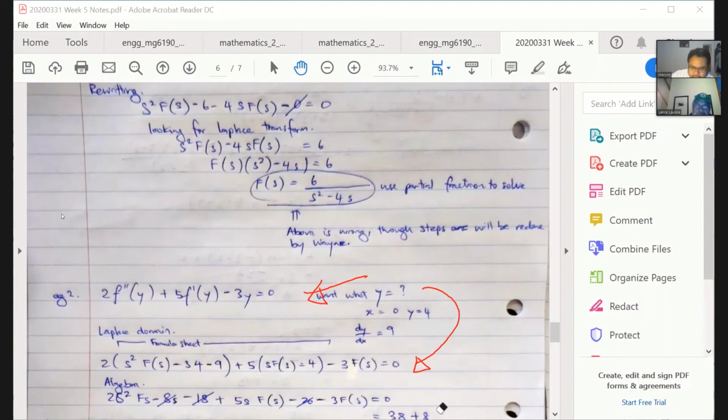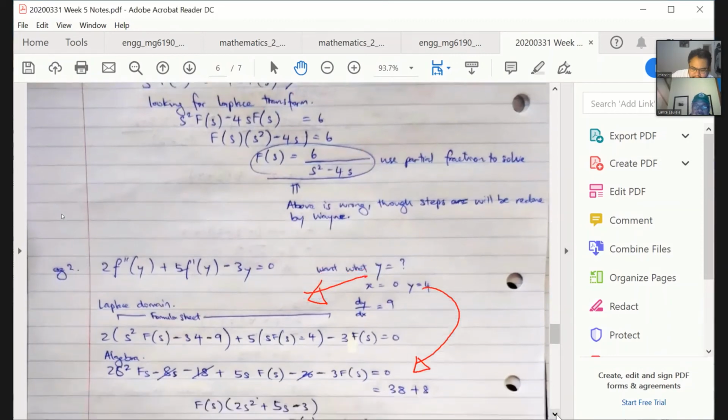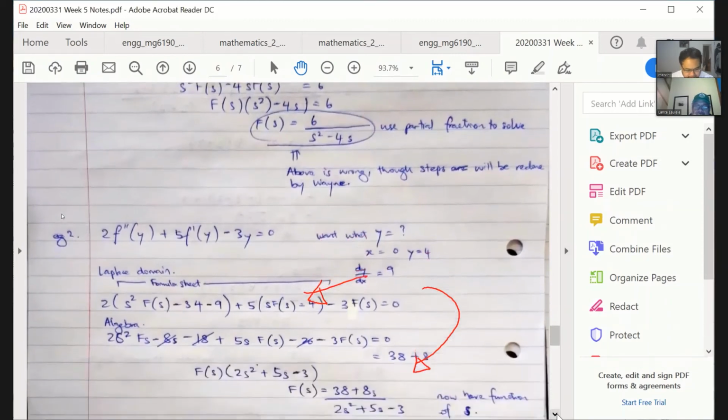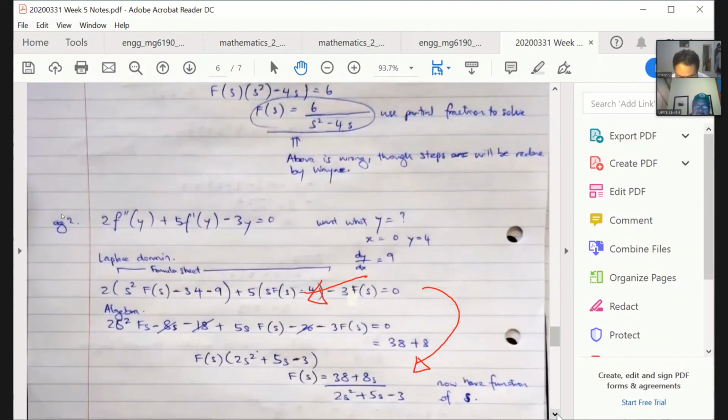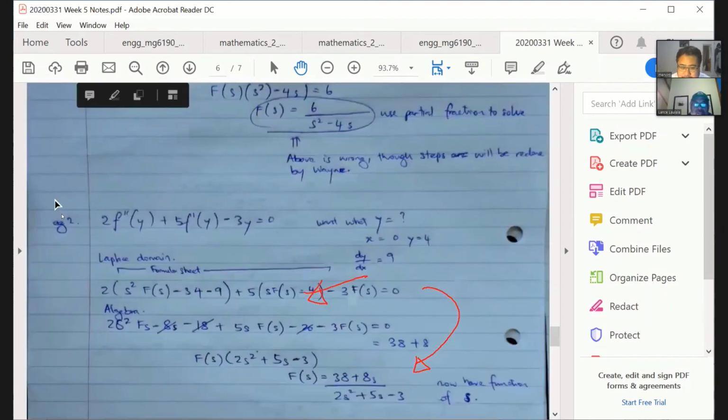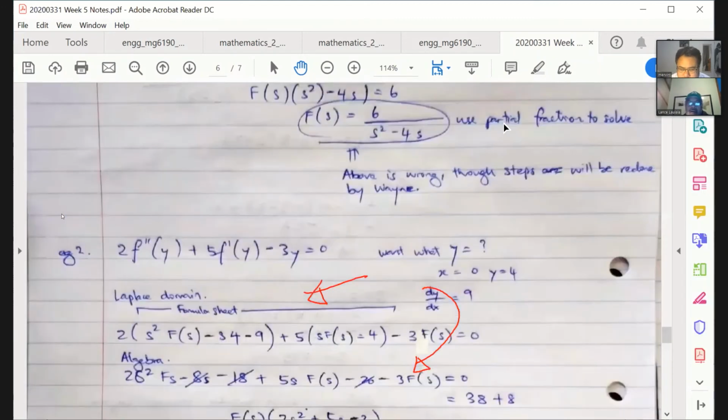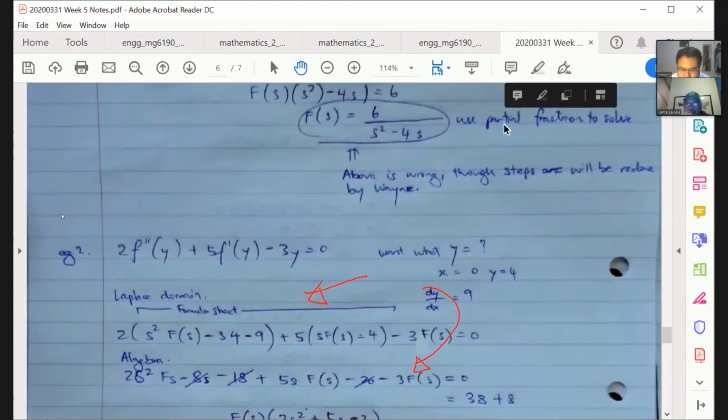And then the next step, once you get that, are you writing this down? You know the steps anyway, but as we go through it. I highlighted it.